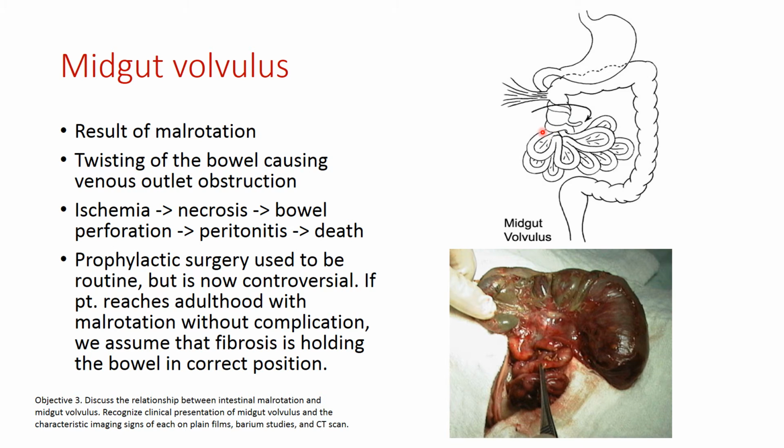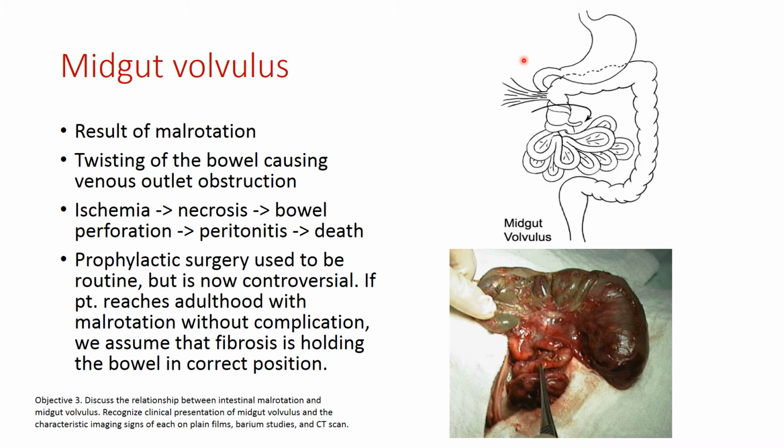And because we have no normal mesenteric attachments of the small bowel, this small bowel can twist around on an axis. When it twists, it can occlude the vessels that are supplying and draining the small bowel, and will at least get venous outlet obstruction, if not arterial obstruction.